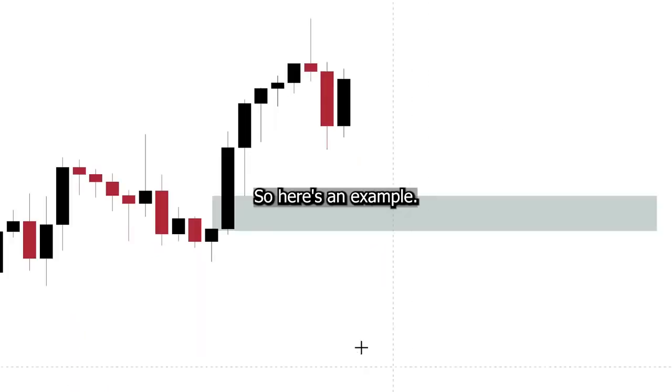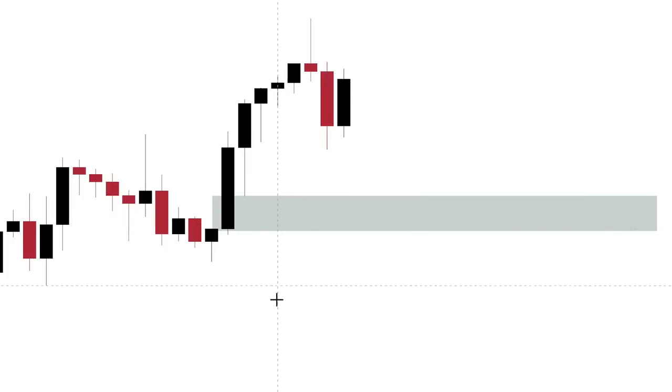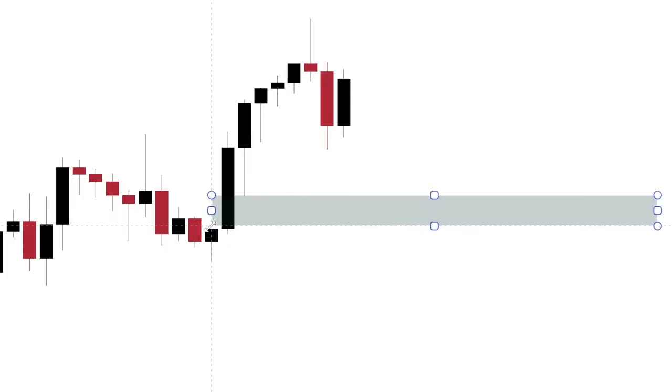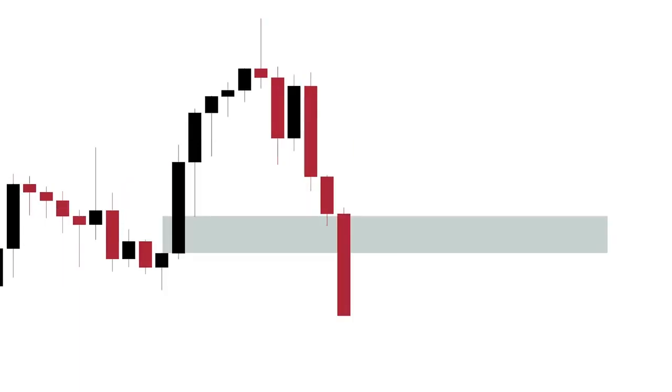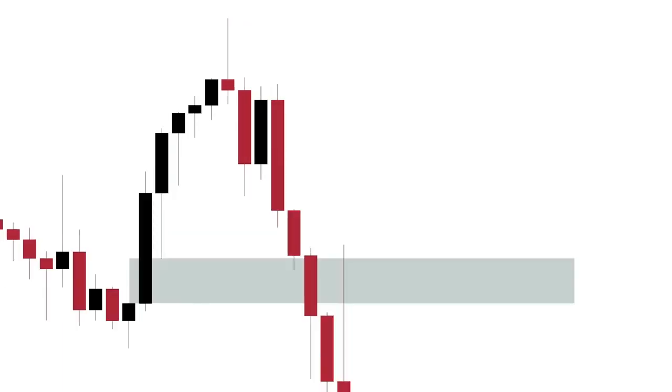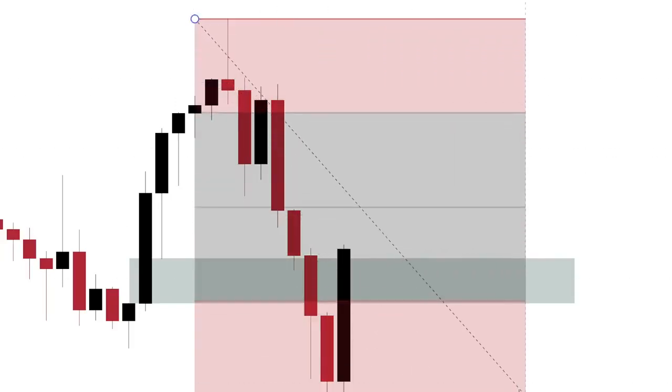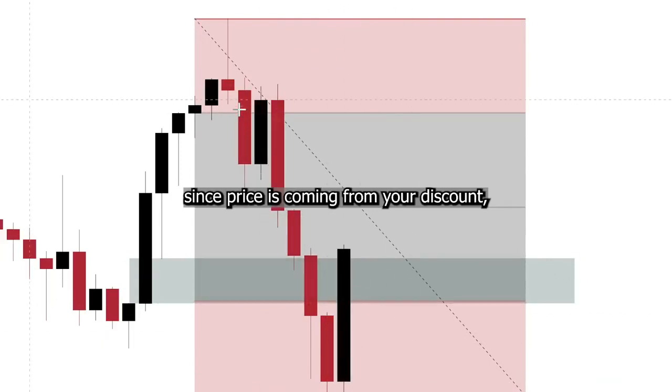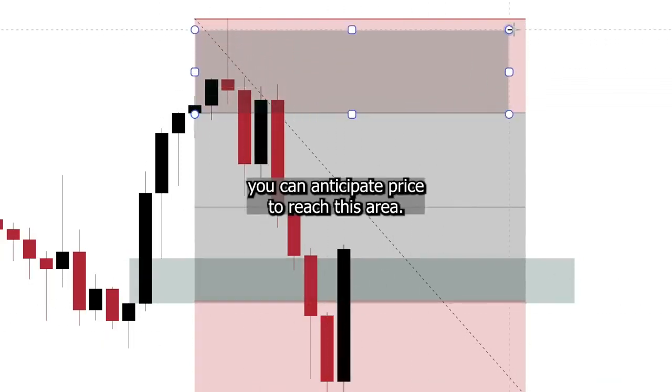So here's an example. As you can see, this is your fair value gap. And now when you see your fair value gap failing, what you're waiting for is a close back inside of the range. Once you get that close back inside of the range, since price is coming from your discount, you can anticipate price to reach this area.